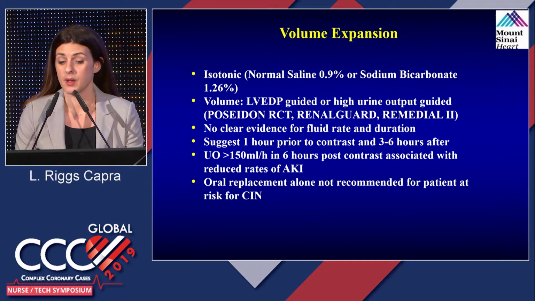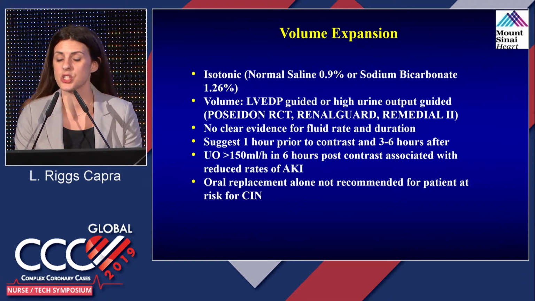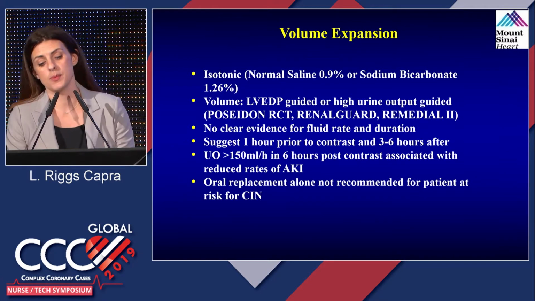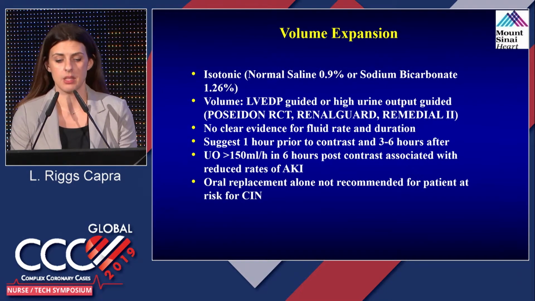There's been quite a few studies about this, and actually, they don't give us something specific. The LVEDP guided therapies do offer some good ideas for our patients with CHF, and then the RenalGuard actually suggests going for a high urine output with a lot of volume being put in the patient, but also with a low dose Lasix drip. So you have to really balance the risk and the benefit there.